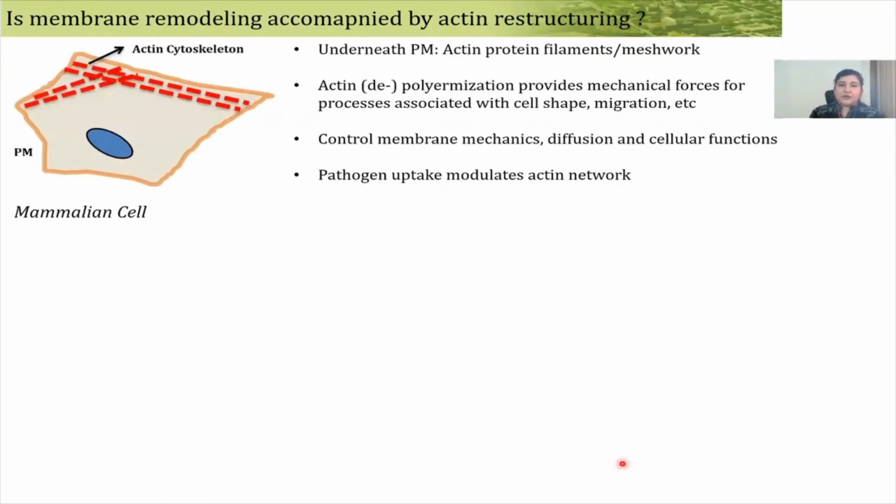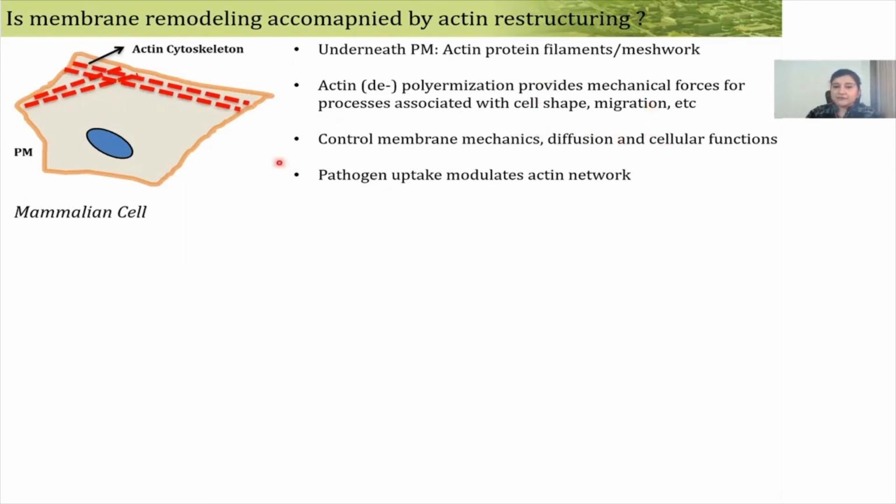The last thing we wanted to explore was whether this membrane remodeling in terms of organization and dynamics that we see is also percolating to the actin cytoskeleton. The actin cytoskeleton is a network of actin protein just beneath the plasma membrane, and it provides a much needed force and shape to the cell body, and it controls a lot of different cellular processes such as migration and differentiation.